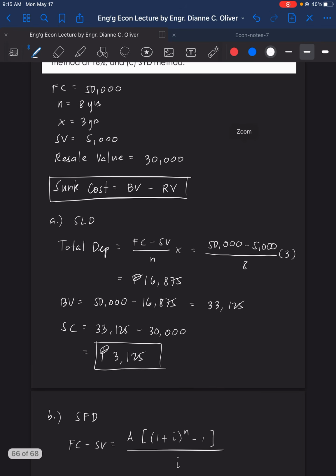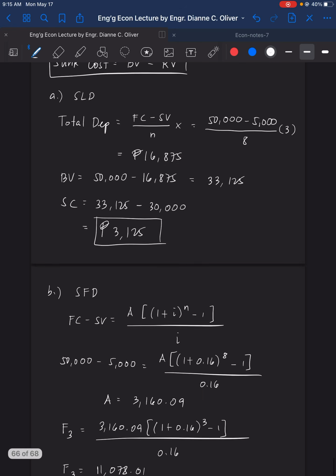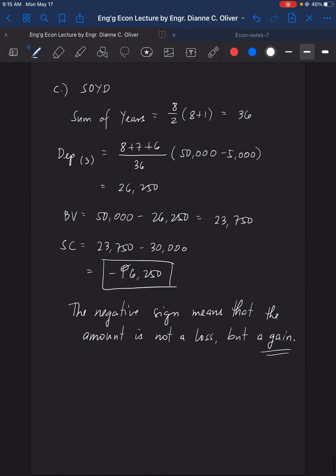Okay, so if we compare the graph of these three methods, let's try to graph them. Let's graph first the straight line depreciation method.